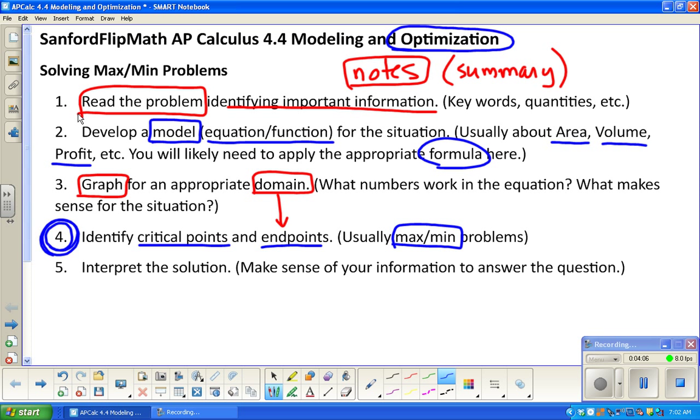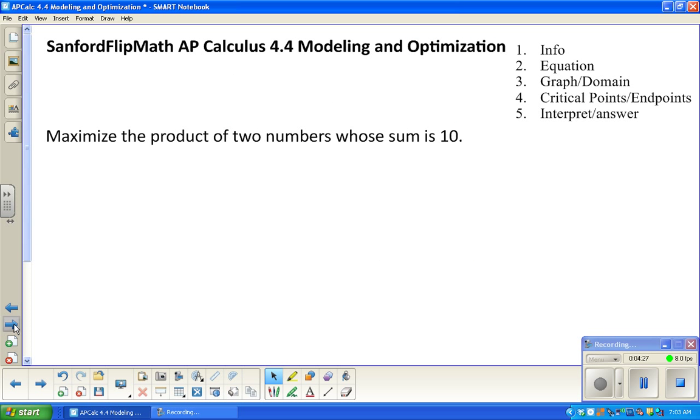And then lastly, you need to interpret it, or in other words, please make sure you answer the question. You need to put it back into the context. So if we're talking about maximizing profit, you need to be talking about money and recap exactly what your answer means.